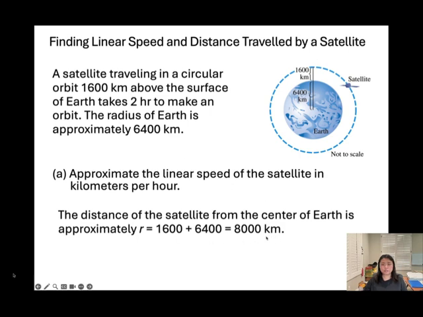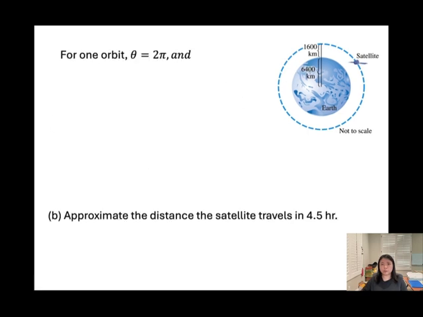After we have the radius, we see it takes 2 hours to make one orbit. One orbit means theta is equal to 2 pi, because they go one round.